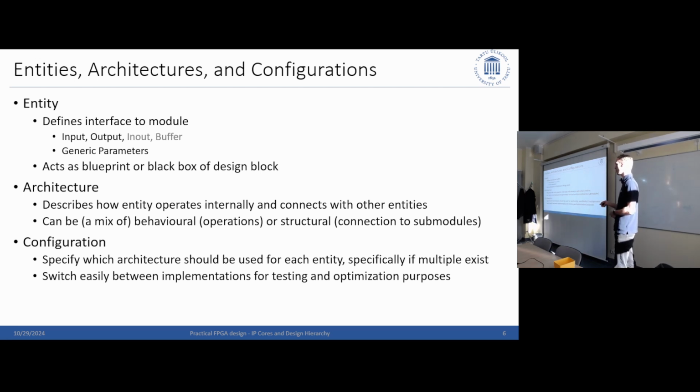Because it's such a niche thing, I never actually used it myself. It's mostly used for switching implementation, testing, and optimizations. You can make a simple architecture which does not fulfill all the needs, but will drastically decrease your simulation time, because every signal you need to simulate takes extra time. If you make it simpler, you will save a lot of simulation time, so you can change the architecture type here to make it much faster.